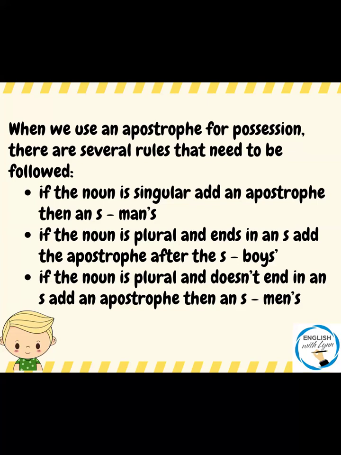If you have things that are plural, so you might have a football that belongs to three different boys and they all have the one football, you would put the apostrophe after the S. So when you are turning the word boy into boys to make it plural, if the object belongs to all of the boys, you would put the apostrophe after the S.